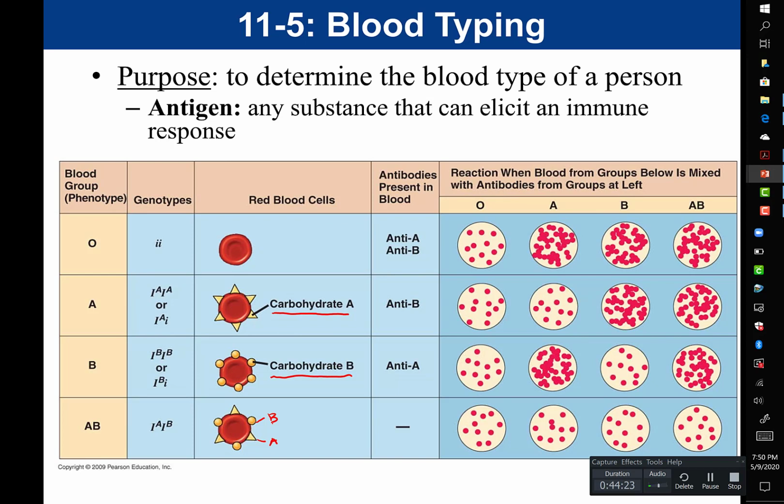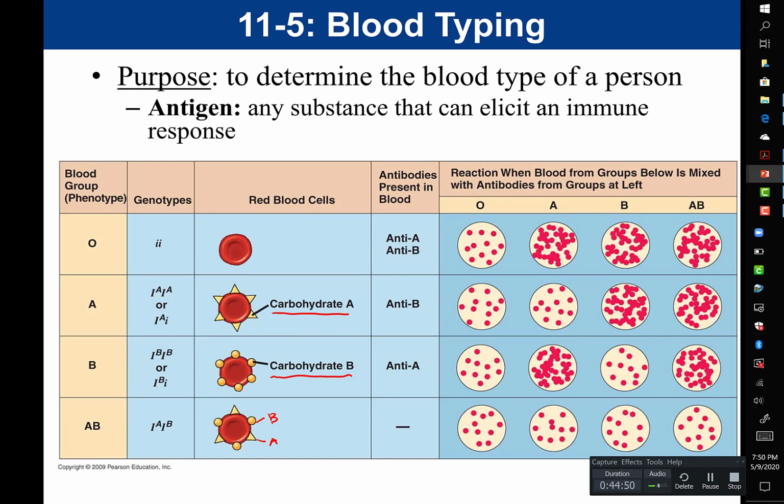Now, A and B are what we call codominant. So in genetics, codominant means if you have the gene for A and you have the gene for B, you're going to express both. You're going to see both. So the A carbohydrate is produced, the B carbohydrate is produced.